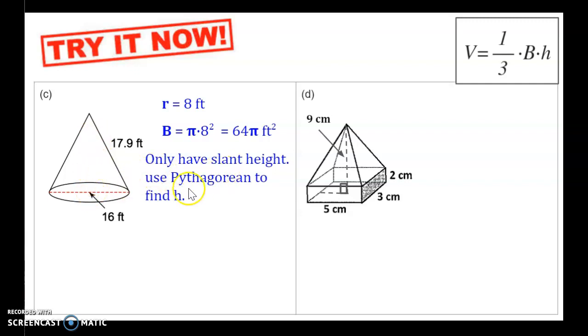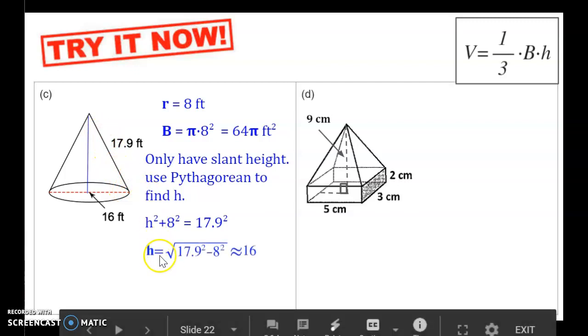And we only have the slant height, so we have to use the Pythagorean theorem to find the height. We know that this is 8 and the hypotenuse is 17.9, so h squared plus 8 squared is equal to 17.9 squared.